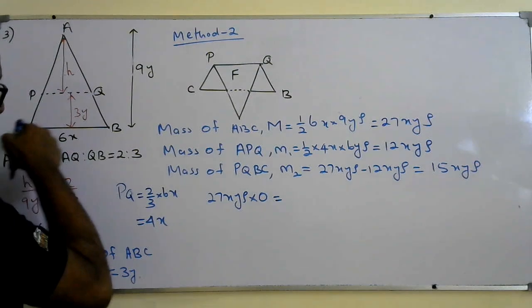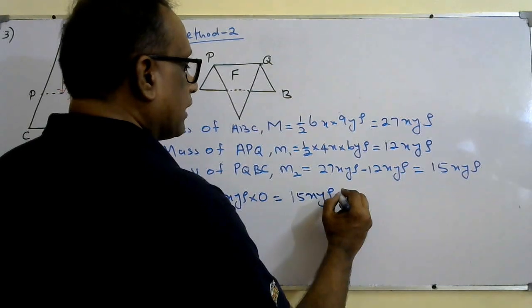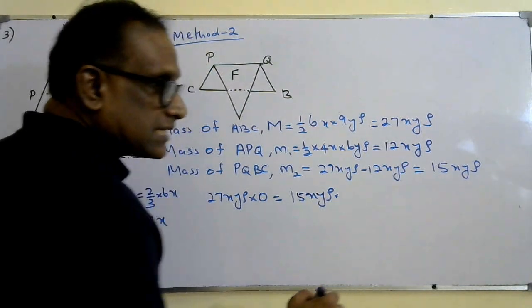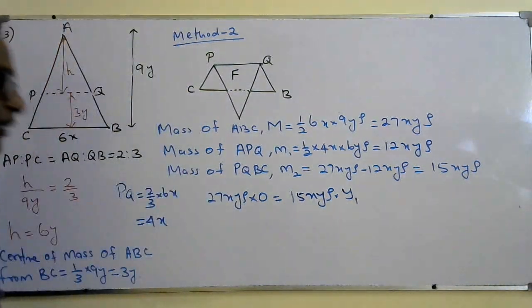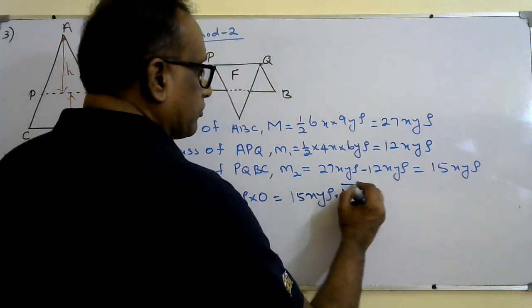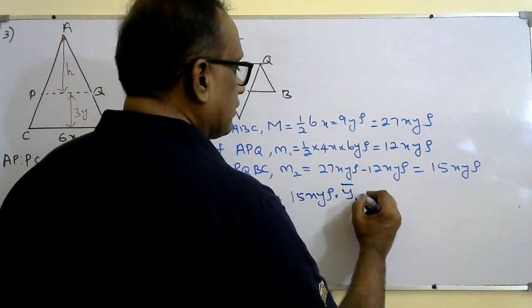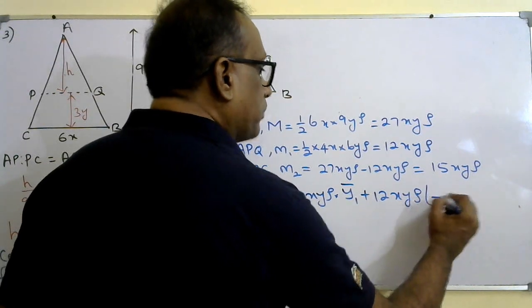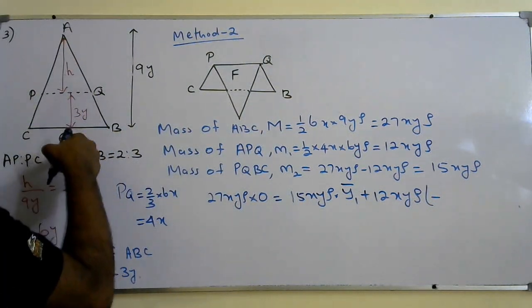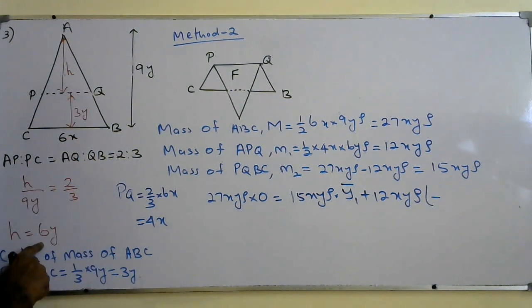The mass of the trapezium, 15xy rho, into its distance of center of mass from PQ, let it be y1 bar. For the triangle, its mass is 12xy rho, into minus, because its center of mass is upward, opposite to downward, 1/3 of the height 6y from PQ, which is 2y, minus 2y.